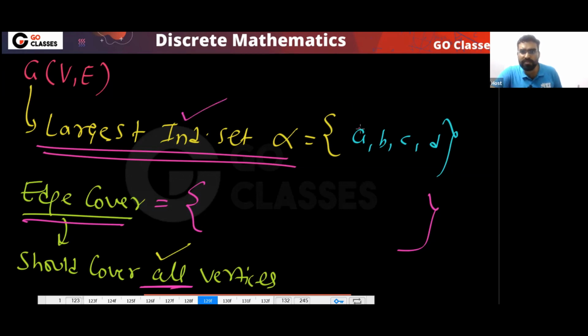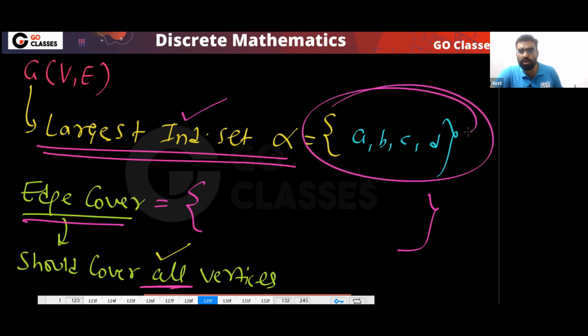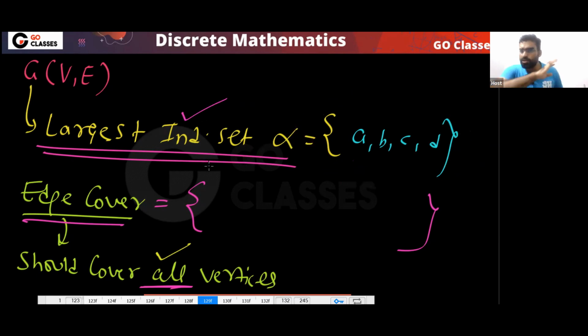There is no edge which can cover two of them, since they are non-adjacent. So there is no edge which can cover more than one of them.